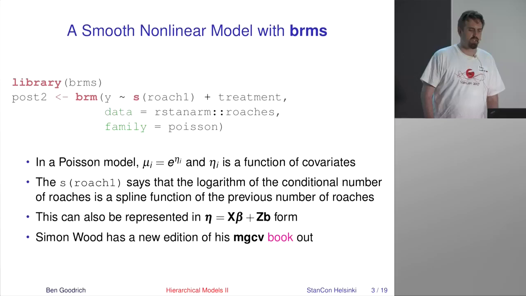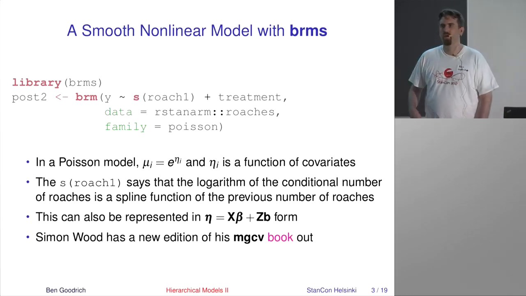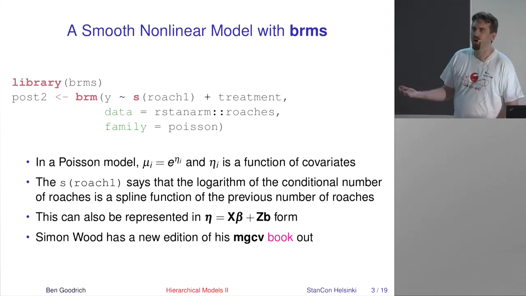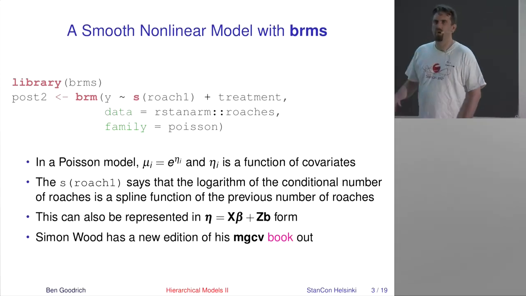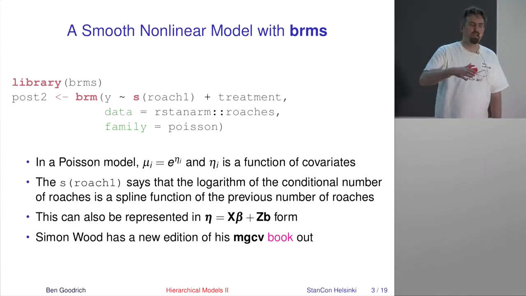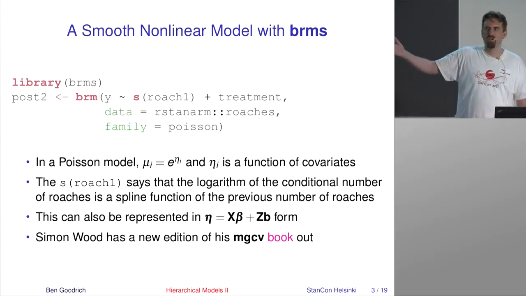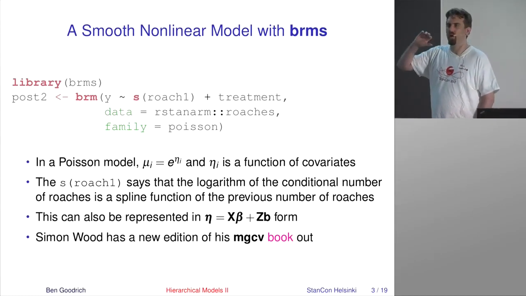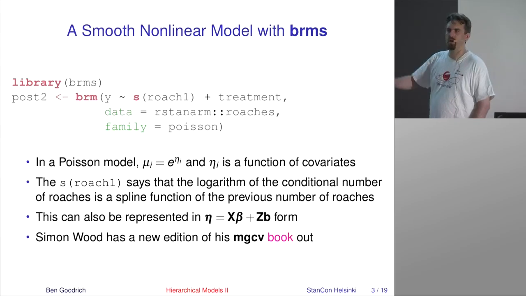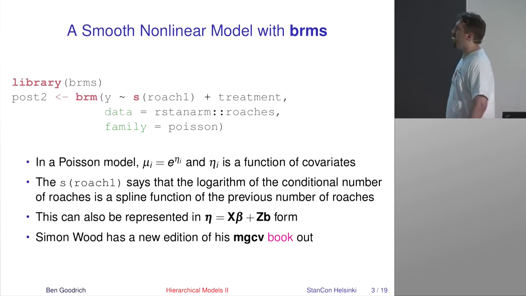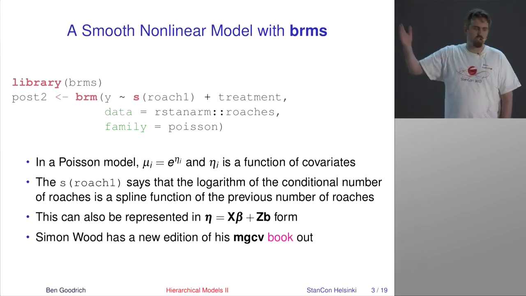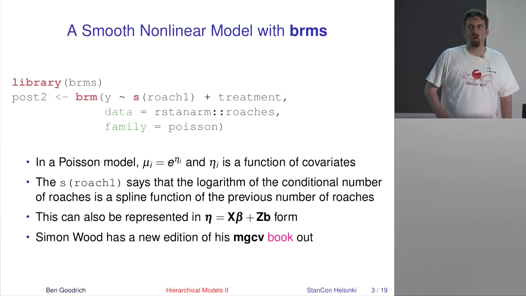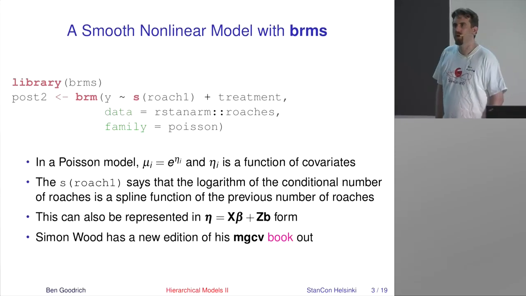We're saying that the roaches we observe at the end of the experiment are a function of the number of roaches we observed at the beginning of the experiment, and the effect of some treatment variable like a roach poisoning, something that was applied to these buildings. And because roaches are integers, we use a Poisson likelihood to specify this.